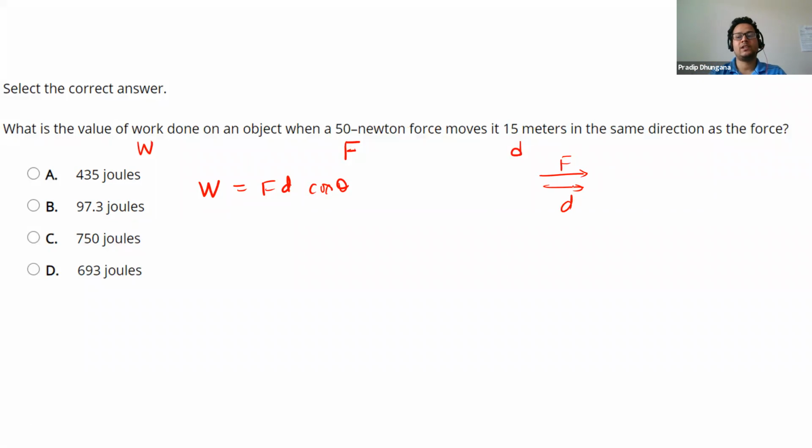If the force and displacement are in the same direction, what is the angle between them?